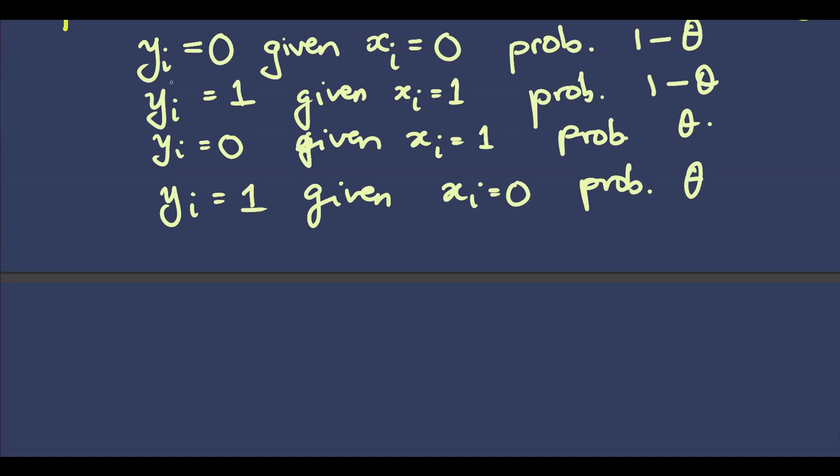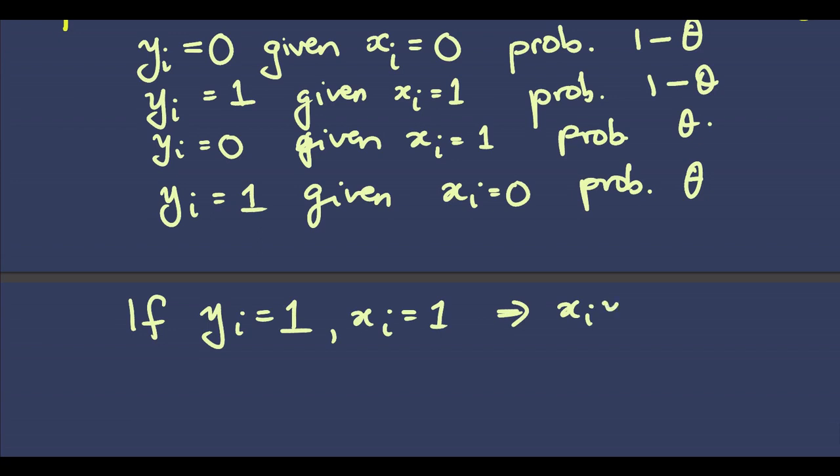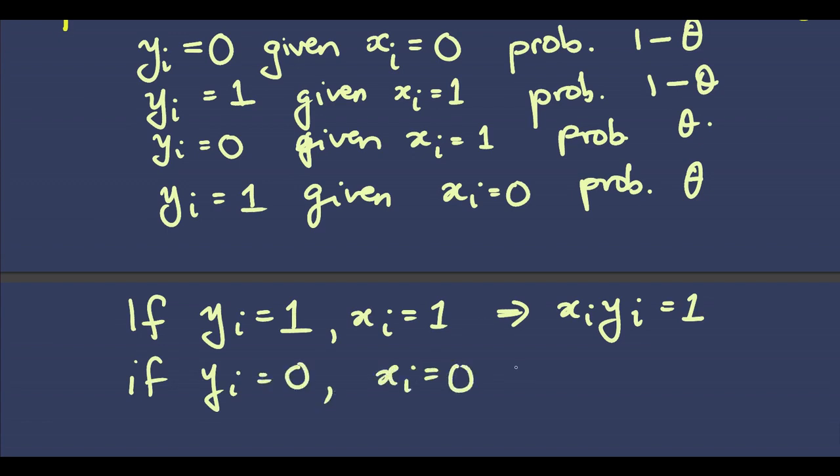So let's just think about how we might express x and y having the same value. Well, we know that if x and y are both equal to 1, then xi yi will be equal to 1. And if they're both equal to 0, then 1 minus xi will be equal to 1, 1 minus yi will be equal to 1, so we'll get 1 there.